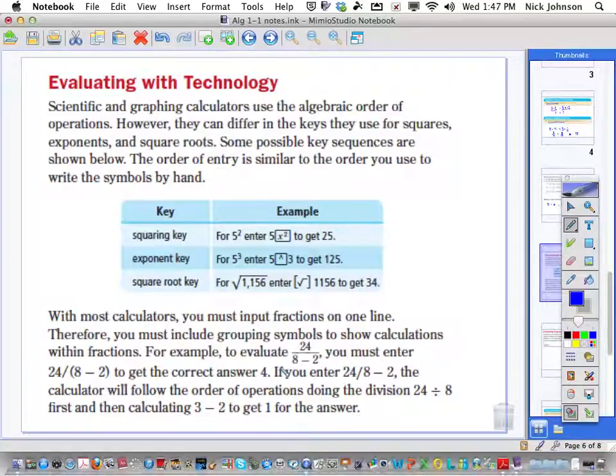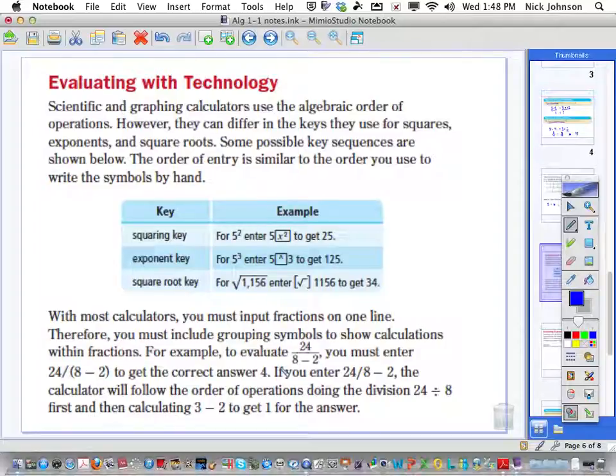Evaluating with technology. Scientific and graphing calculators use the algebraic order of operations. However, they can differ in the keys they use for squares, exponents, and square roots. Some possible key sequences are shown below. The order of entry is similar to the order you use to write the symbols by hand.